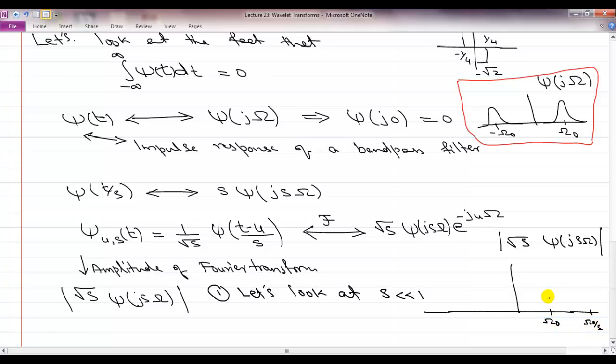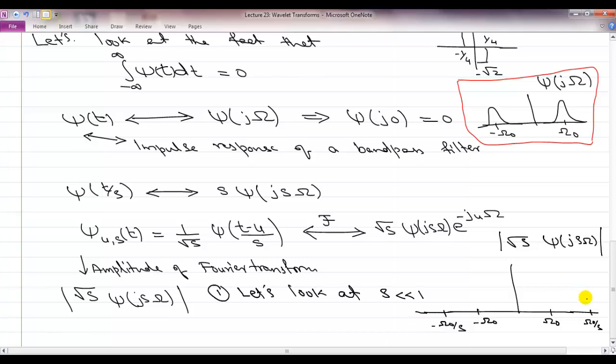Okay. Similarly, my minus omega naught is going to be here, but my minus omega naught over s is going to be here. And you will have a Fourier transform centered around omega naught over s, but that whole Fourier transform now will also be spread out.